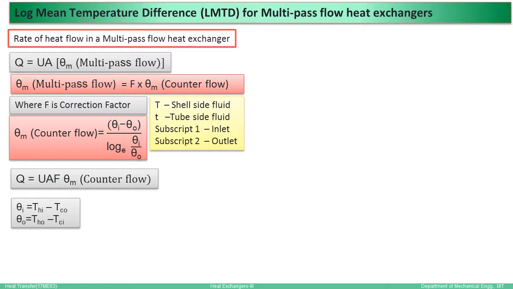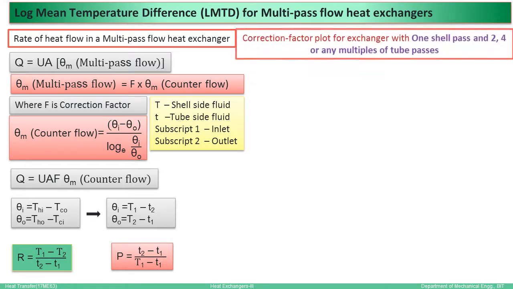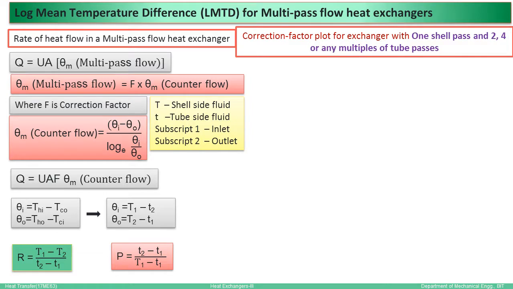Using this representation, we can write theta I and theta naught similar to the previous discussion, and R is obtained, that is the ratio of heat capacities, and P is obtained that way. Now the correction factor plot for a heat exchanger with one shell pass.